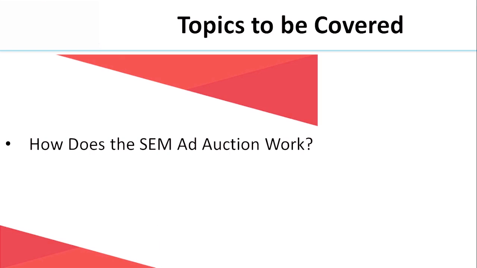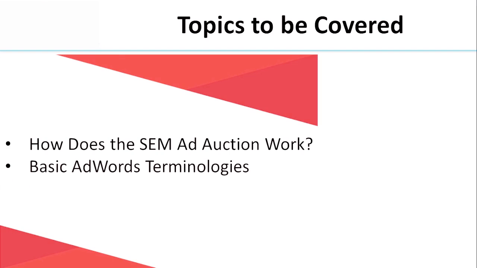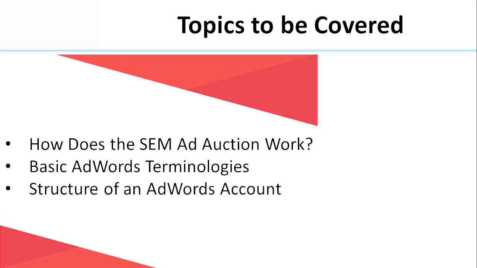In the later part of the session, we will also cover how the search engine marketing ad auction works. It is the most important part of the entire session. And then we will discuss basic AdWords terminologies that are popularly used in digital marketing, and the structure of an AdWords account.